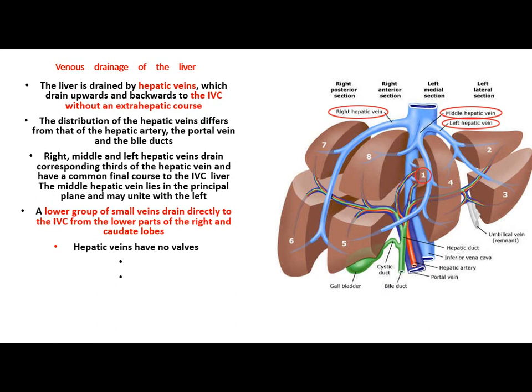When you have portal hypertension, mostly due to liver cirrhosis, the portal vein will have slow flow because the cirrhotic liver is stiff, so the flow will be less. What about the hepatic artery? Will it be the same, not affected, or will it be larger, or smaller?